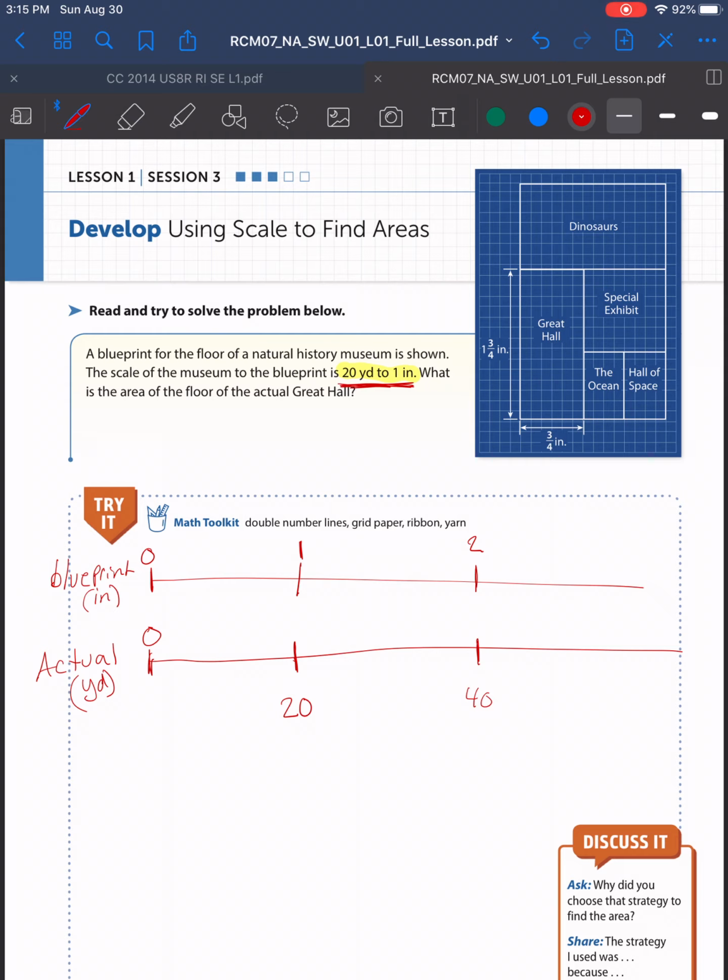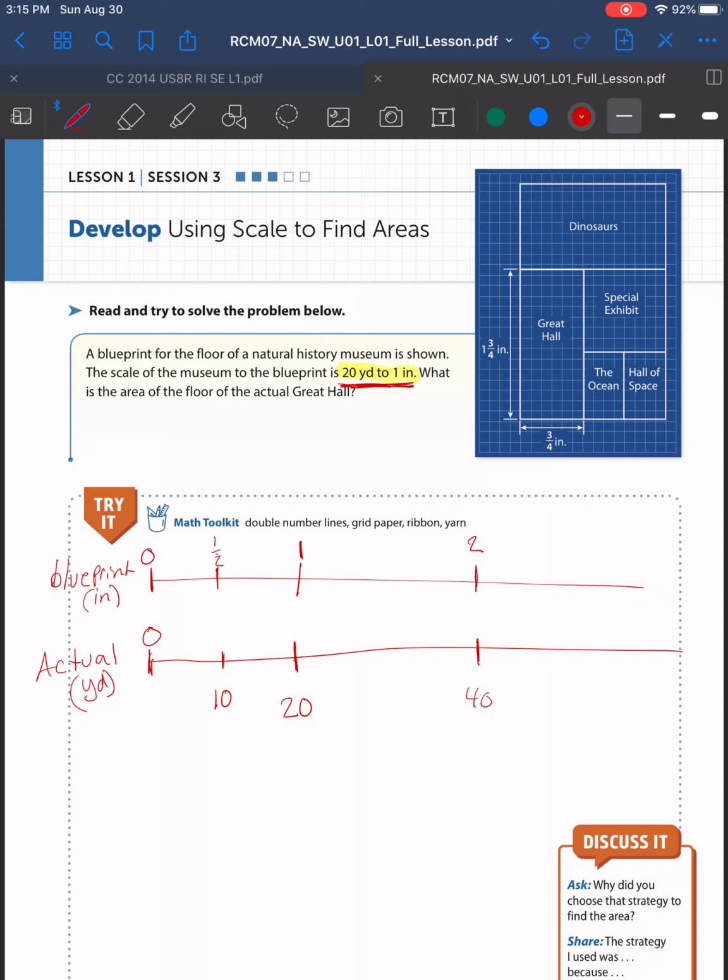Now, using that doubling logic, can I also go find how much a half is? What is half of 20? Half of 20 is 10. So I know if it's a 1/2 inch on the blueprint, it's going to be 10 yards in real life.